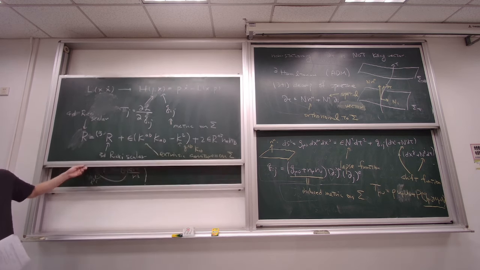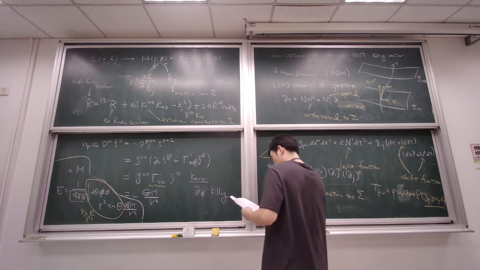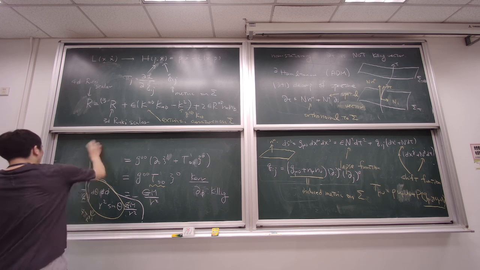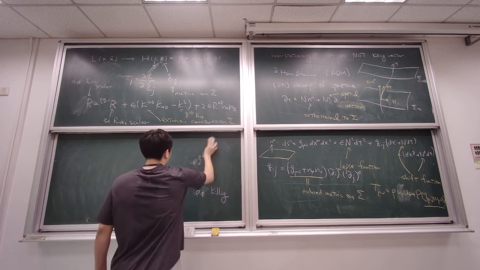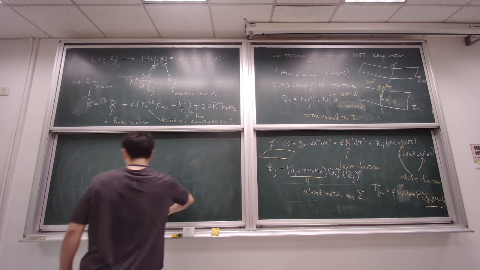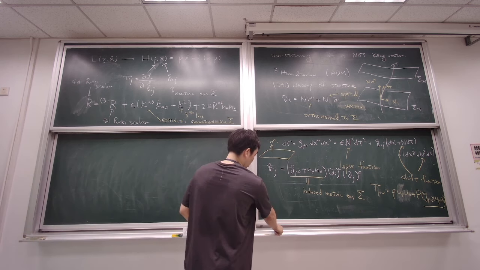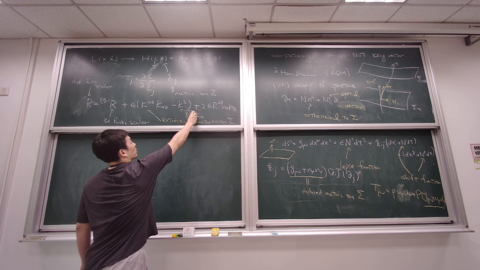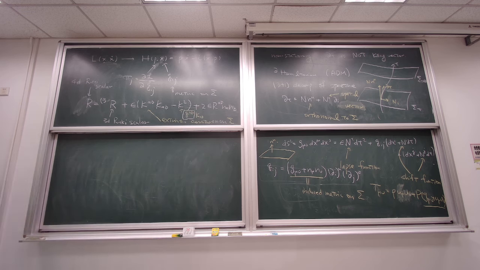So the Ricci scalar can be decomposed in the following way. Just to remind you what the extrinsic curvature is, since last time my explanation of the extrinsic curvature was not that good. By the 3D Ricci scalar here, I mean use this metric Q_AB to compute the three-dimensional Ricci scalar.